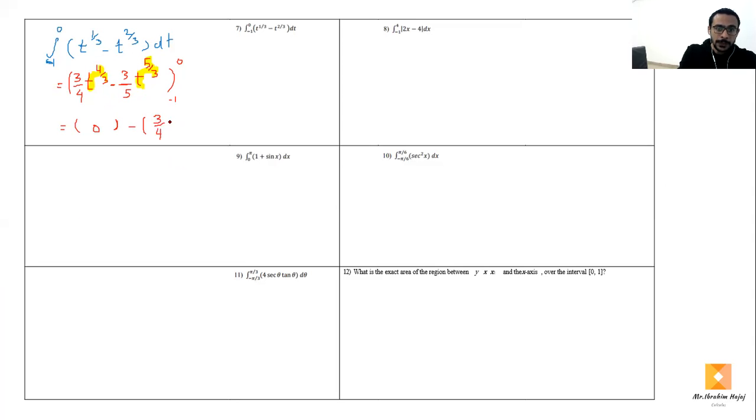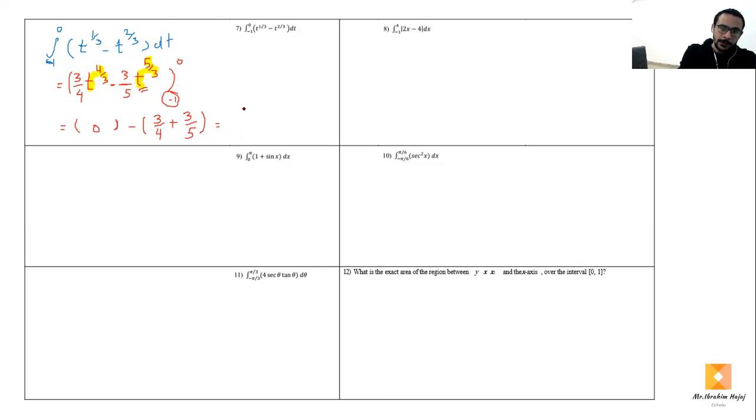Minus t to the power of 5 over 3, and substitute in negative 1 for t, power 5 over 3, it's what? Negative 1. Times negative 1, times negative 3 over 5 is positive 3 over 5. The final answer would be, okay, let me do it now. 5 plus, right, mister? Yes. 27 over 20. 37.